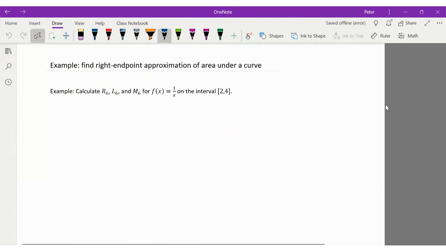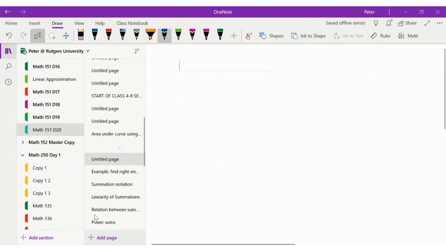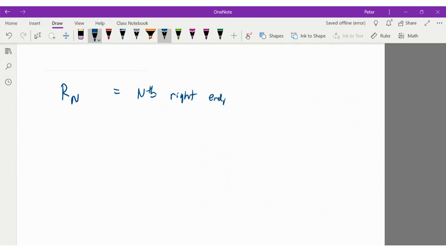Okay, so this is a specific example of this. So let's actually draw this. Let's calculate. Oh, sorry, I just wanted to give you the actual terms for this. We use the abbreviations: we say Rn is the nth right endpoint approximation of f on the interval AB.